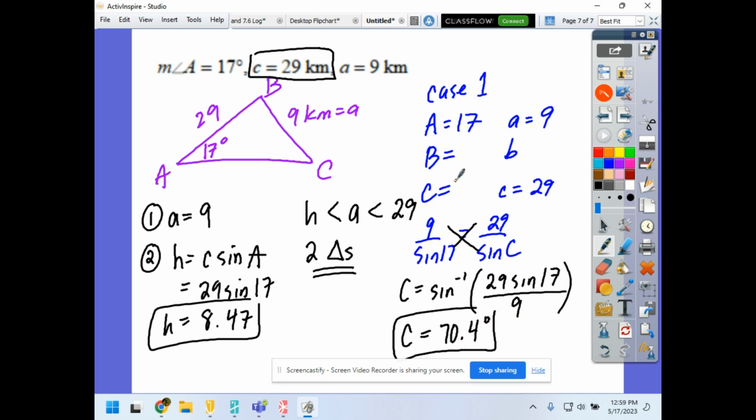Now we can find angle B by subtracting A and C from 180. So 70.4 plus 17 subtracted from 180, I get 92.6. So this becomes 92.6 degrees.